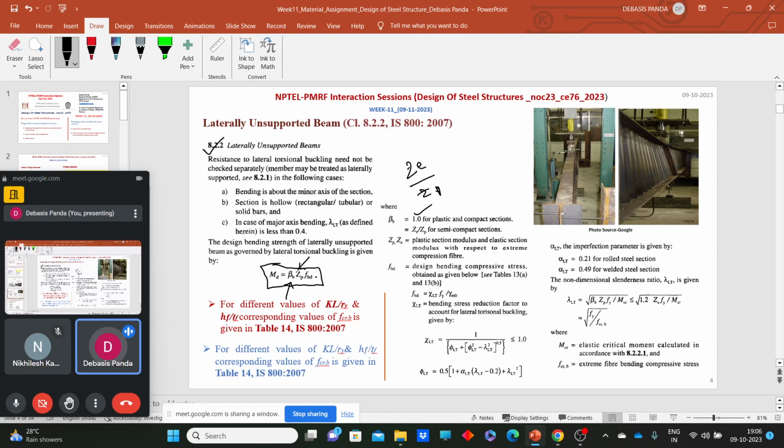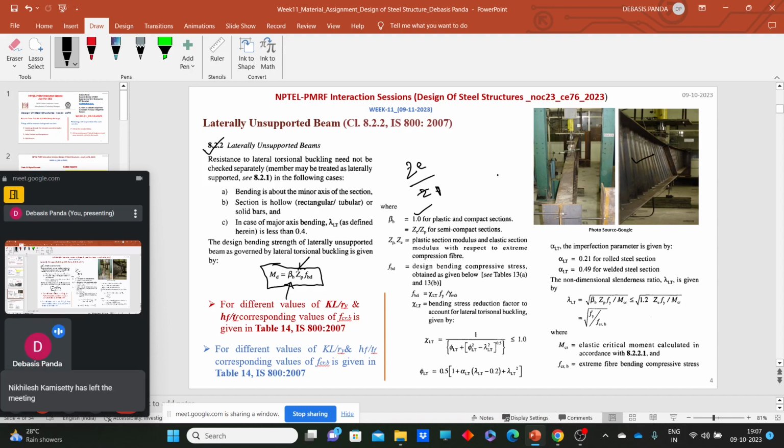Now, what is fbd here? Laterally unsupported beams are not supported in the lateral direction, so there is a possibility of lateral torsional buckling.